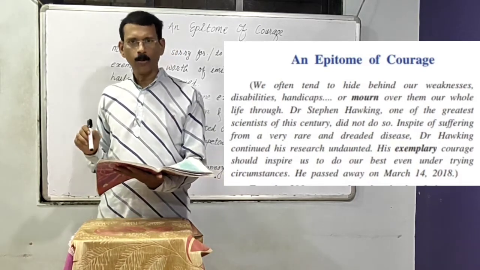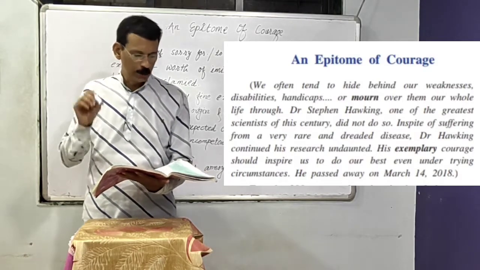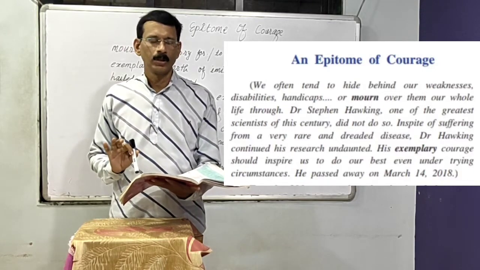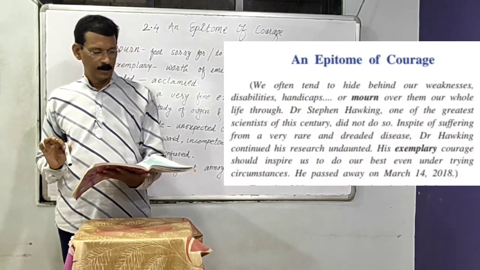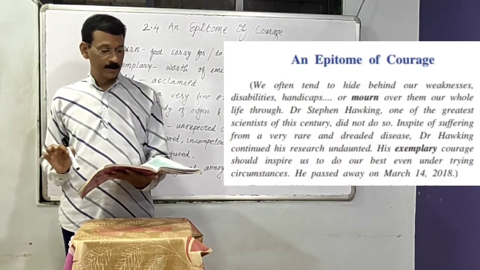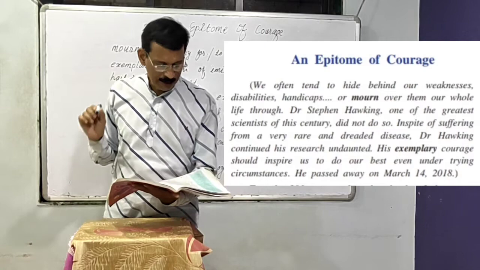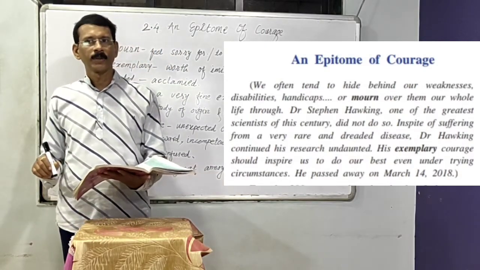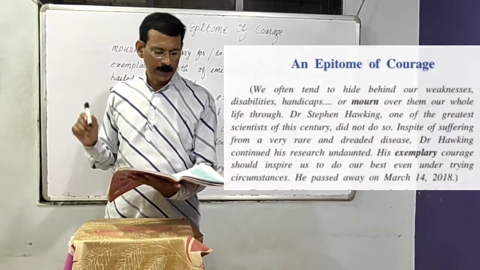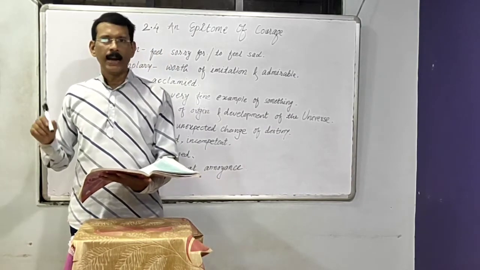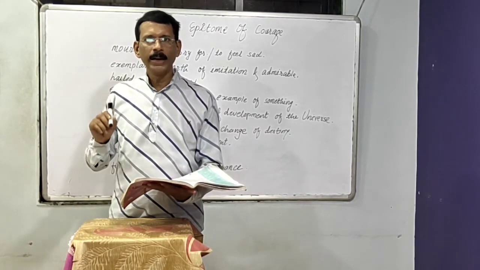So in the first line of this paragraph, the writer tells us about the general human tendency. So what is the general human tendency? In the first line you can find this answer. It is the general human tendency that we tend to hide behind our weaknesses, disabilities, handicaps. We need something to hide ourselves.